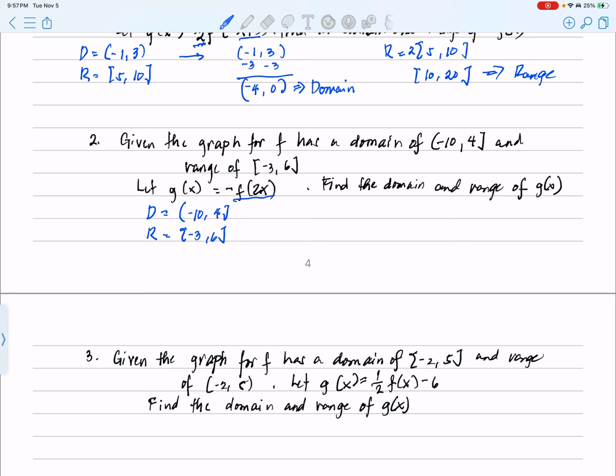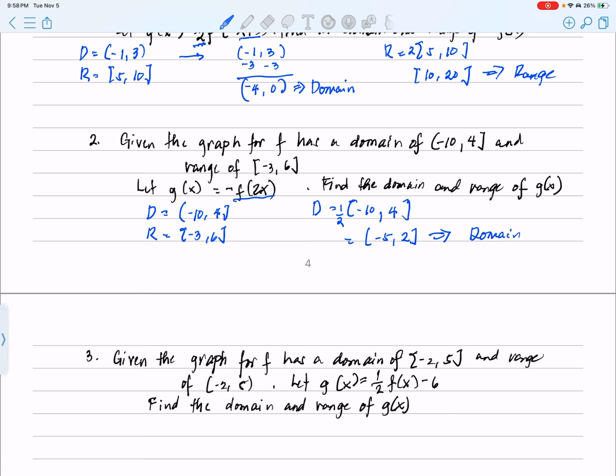It's horizontal, that means the scale factor is, instead of 2, that's 1/2. It's the reverse. So that means the domain would be negative 10, 4, but the scale factor is 1/2. So 1/2 of 10, that is negative 5, and inclusive 2. This is the domain.